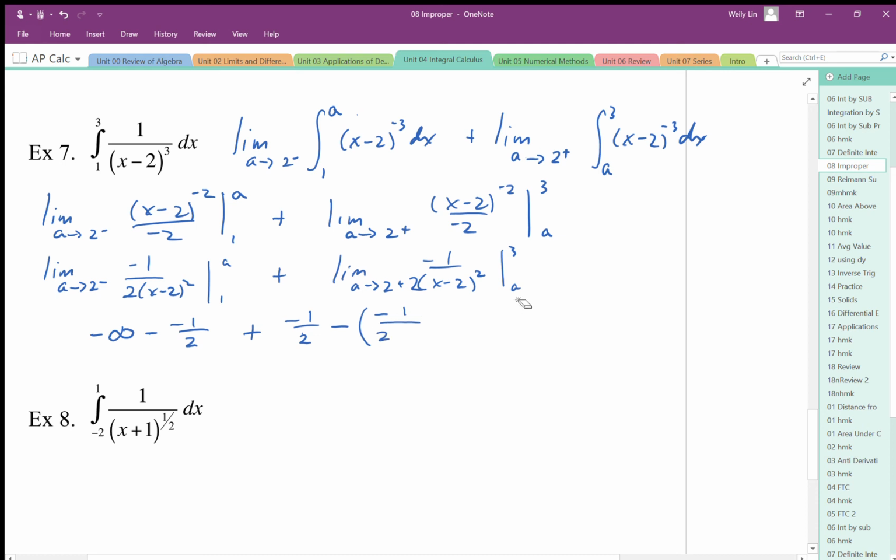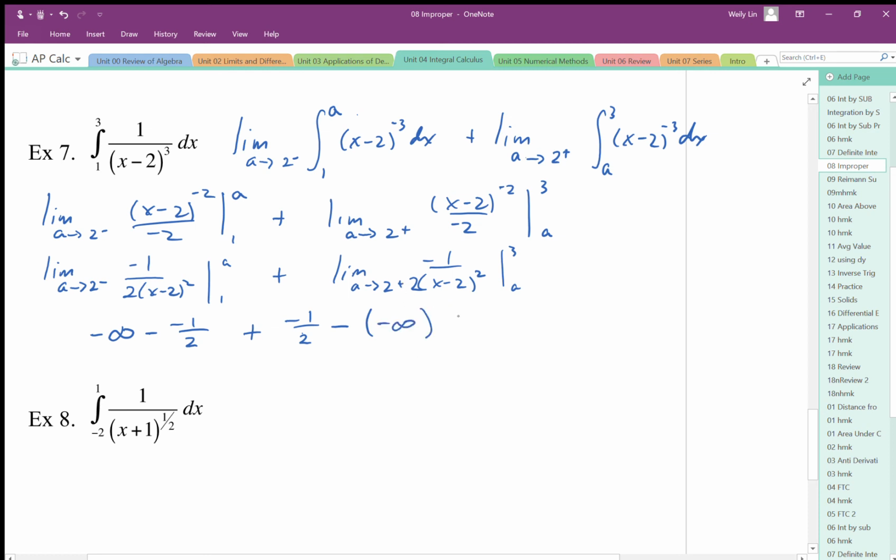Now when I plug the 2 into here from the positive side, it's going to be like 2.001, so it's going to give me a positive. Although it doesn't affect it in this case, I need to keep track of sides. It's going to be positive squared. So I'm going to end up with negative 1 over positive 0 again. That was the same thing that I had over here, so that's going to be negative infinity.